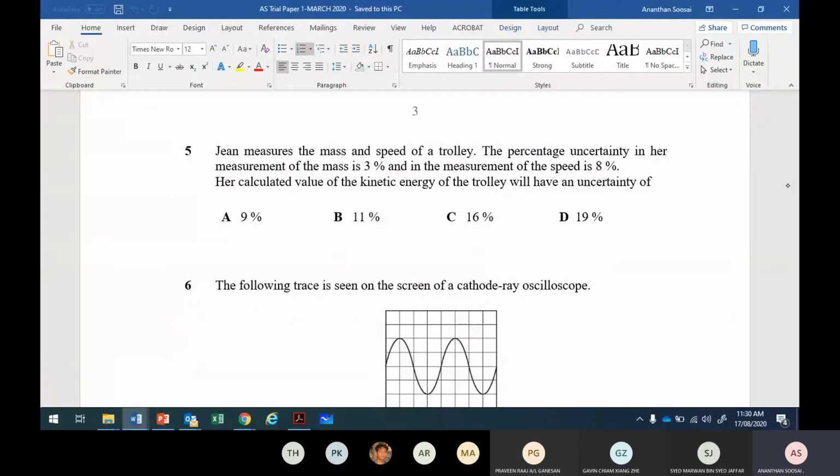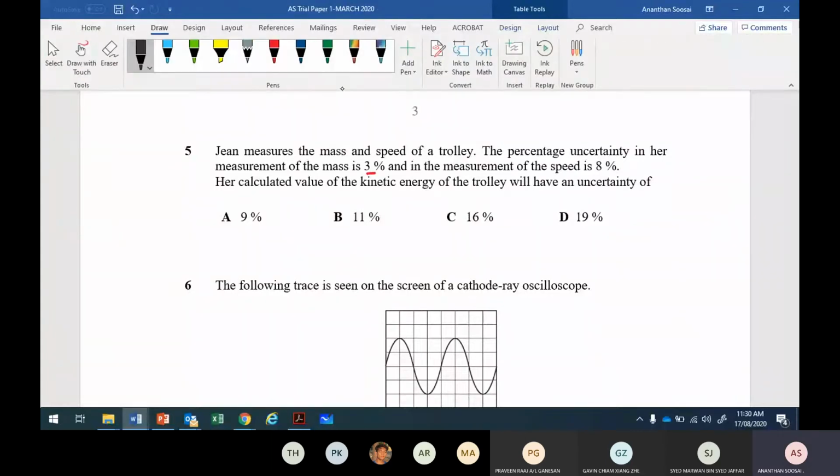So this is a measurement technique. Jean measures the mass and the speed of the trolley. The percentage uncertainty in the measurement of mass is 3%, and in the speed is 8%. A calculated value of the kinetic energy of the trolley will have an uncertainty of what?